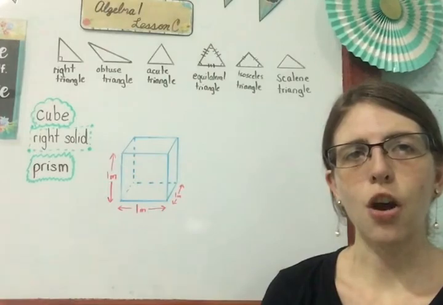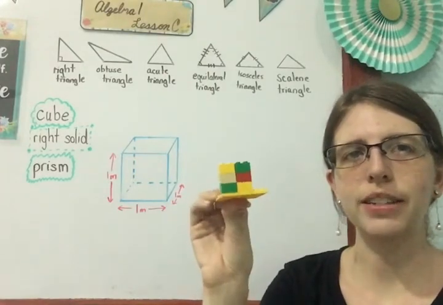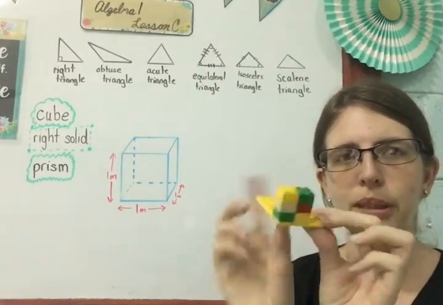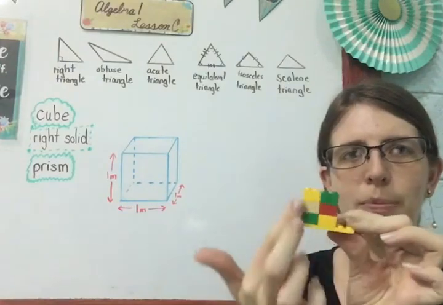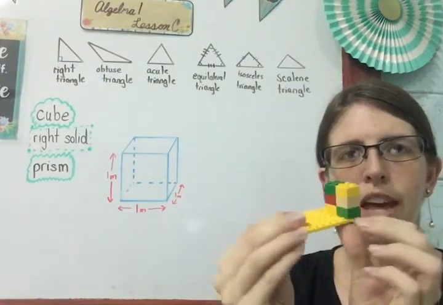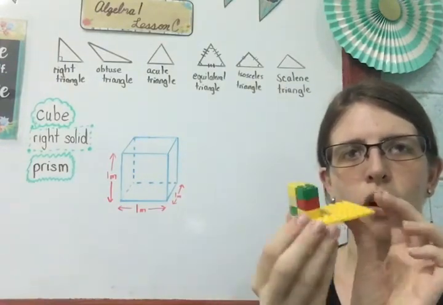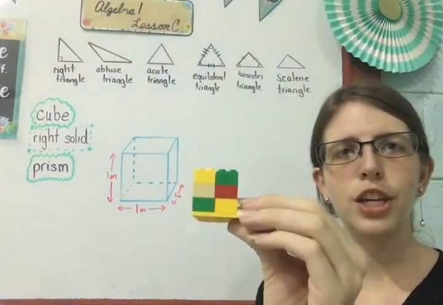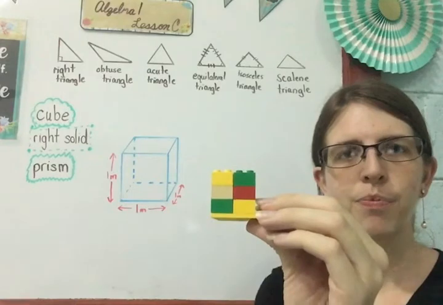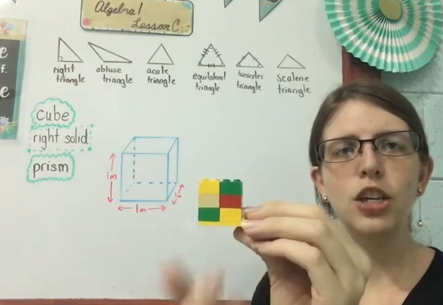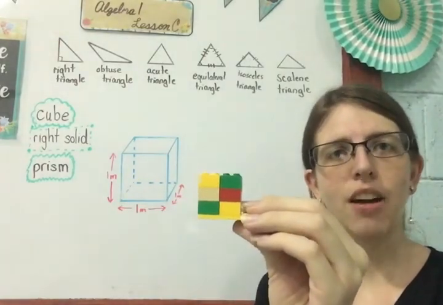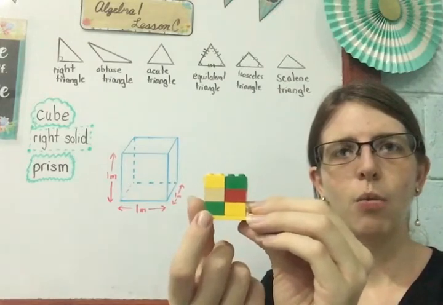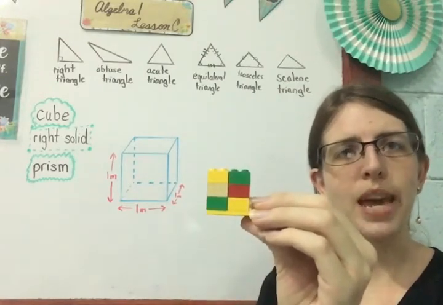I want to know what my volume is here. Now, I'm not talking about the plane here, just this shape. I want to know its volume. So I'm going to think of it in terms of the cubes that I have. I want to know how many cubes make up the base of my shape. 1, 2 make up the base.